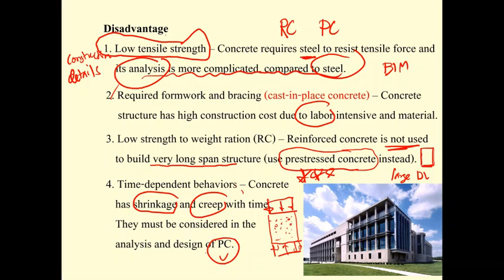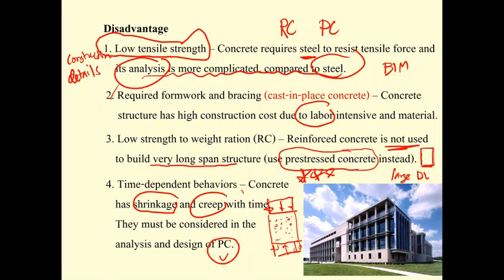Okay, this is the part about the concrete. You guys are supposed to be good at it. You have to understand how to use the concrete. There are some limitations of the concrete.